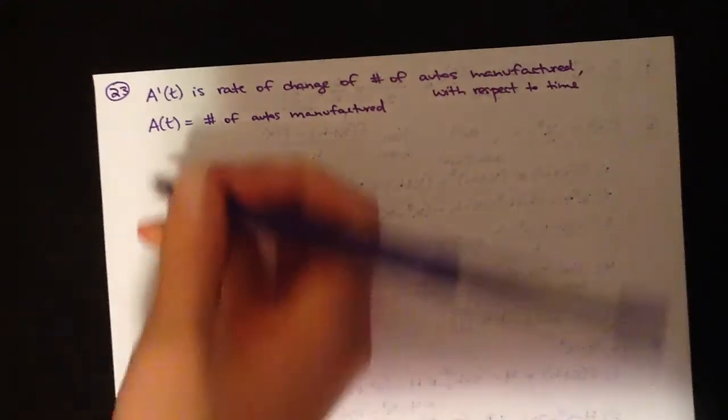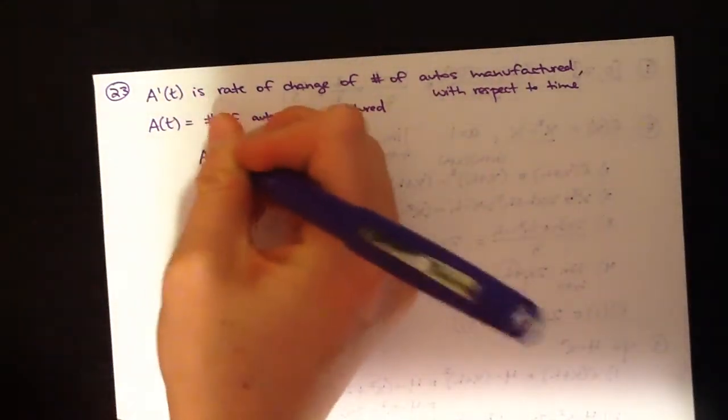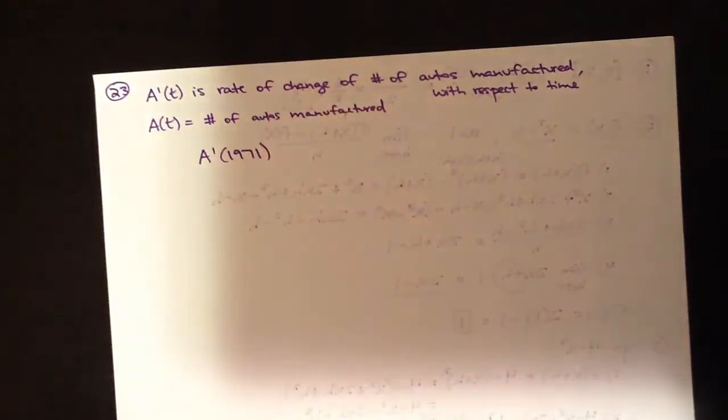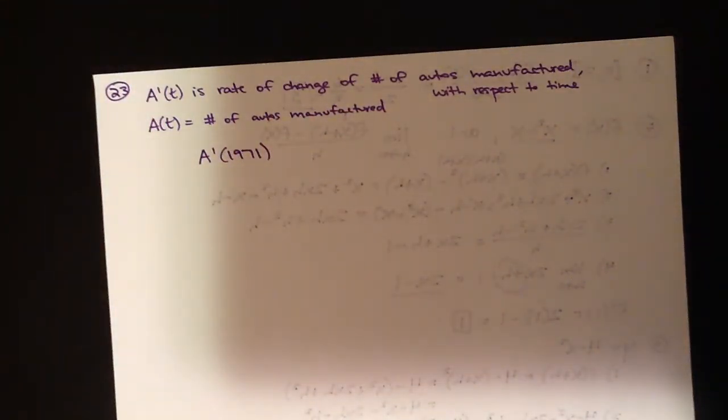And then it says represent A prime of 1971. So we wanted to know about how the number of autos is changing in 1971. So they give us values in 1970, in 1971, and 1972. So what I would do is I would go from 1972 back to 1970.